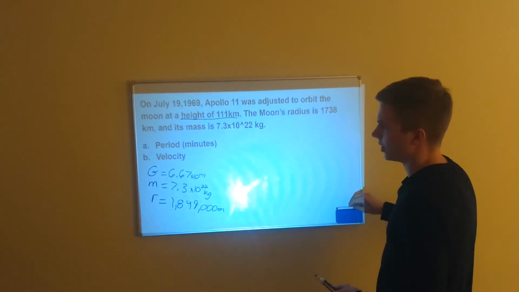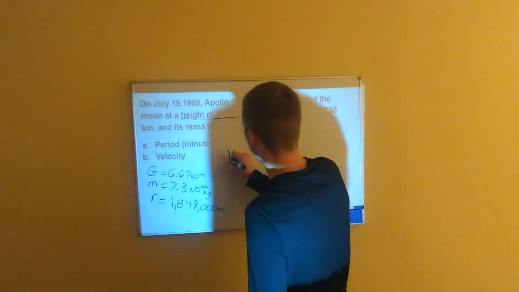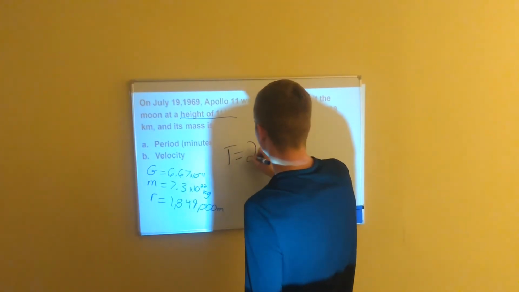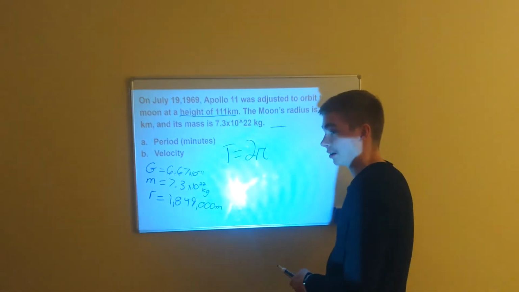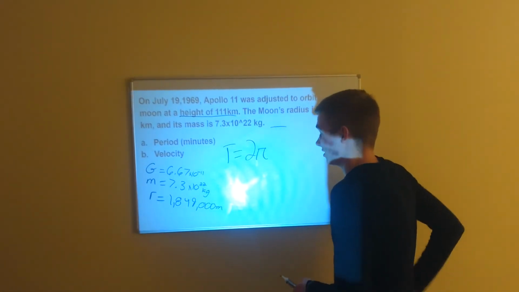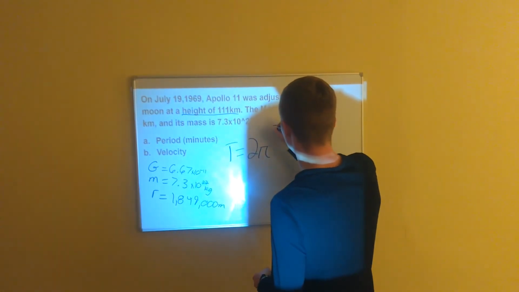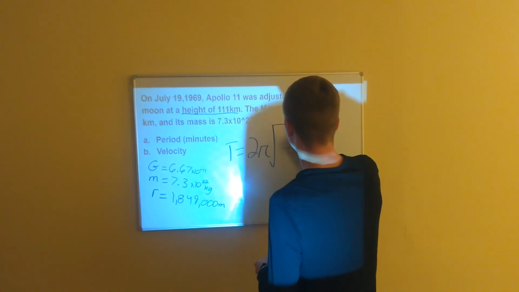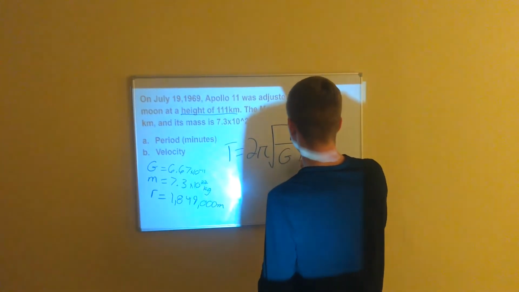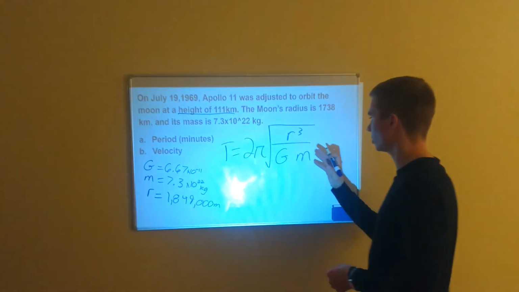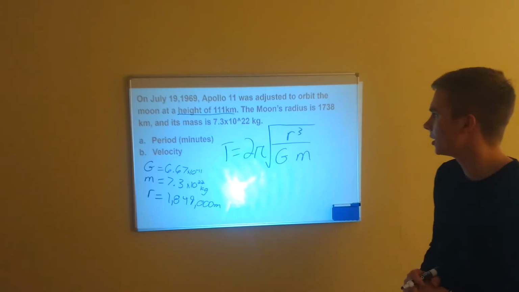Okay? For the period equation, right, remember, T is equal to 2 pi times the square root of r cubed over g times the mass of the Earth, but in this case it's the moon, so we'll just call it the mass, okay?